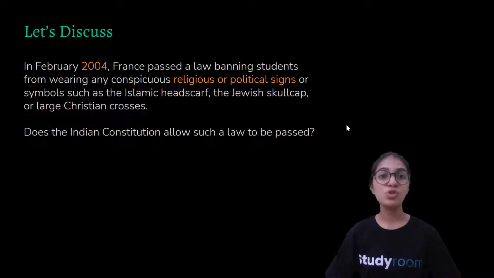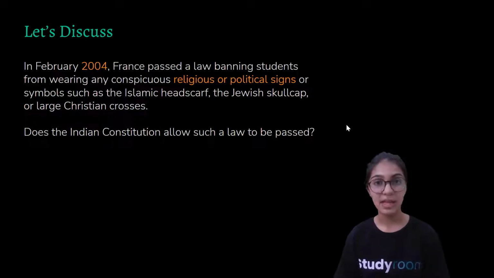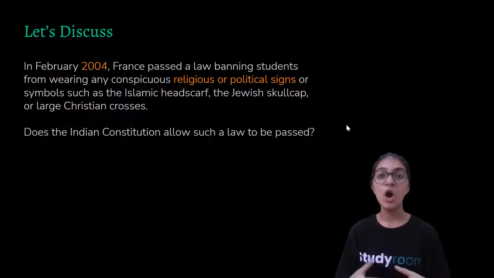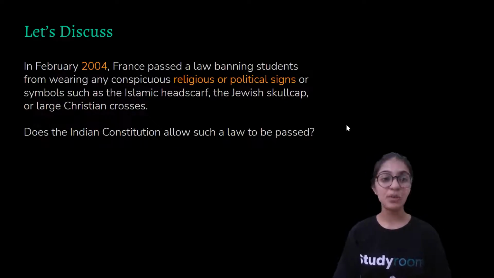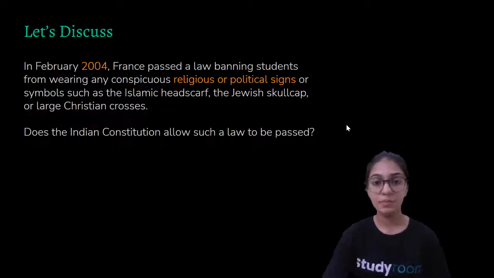So there is no violation of fundamental rights happening here. This is just them practicing or promoting their religious practices. So I don't think the Indian Constitution allows such a law to be passed, since there is no violation of fundamental rights, and it's just everybody following their own religious practices.